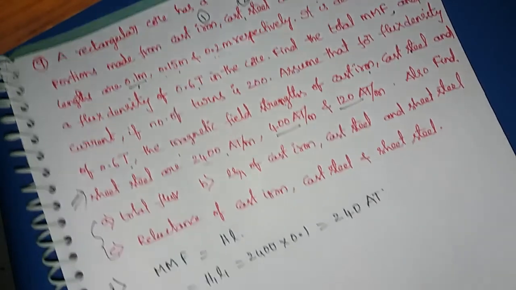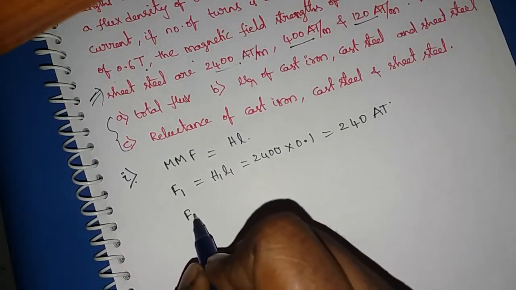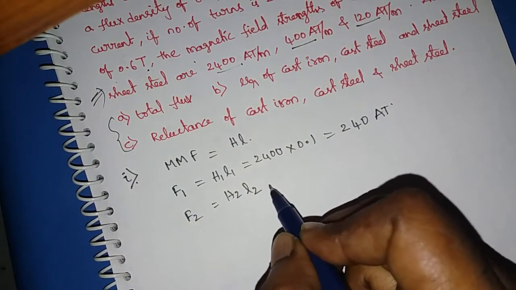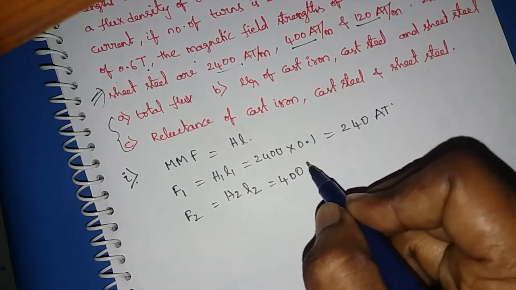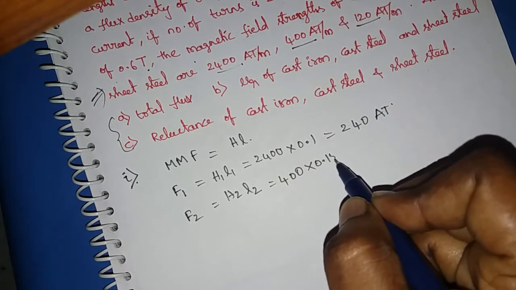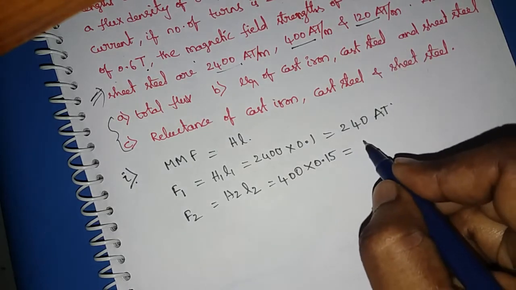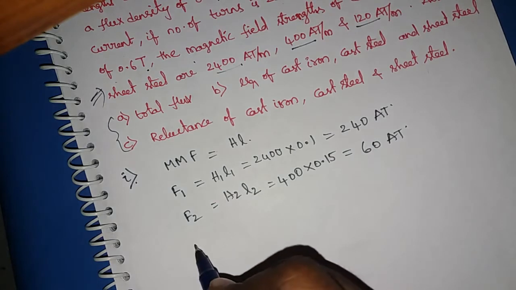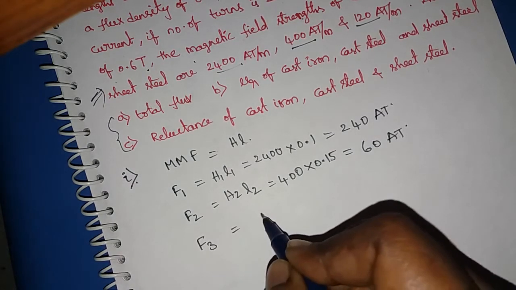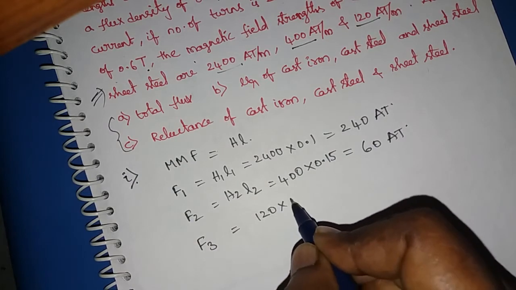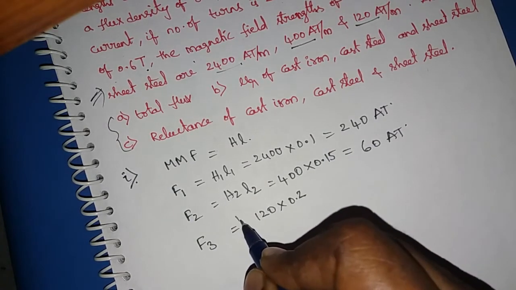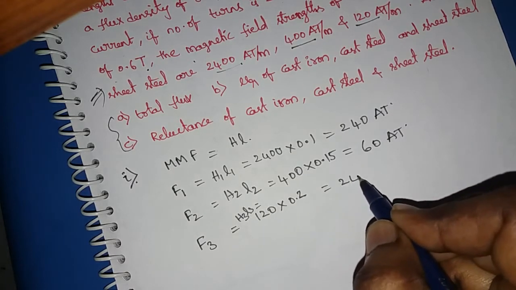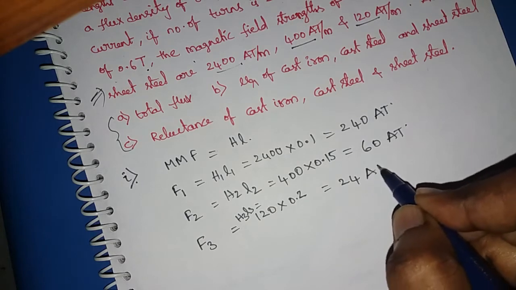Similarly, F2 is equal to H2 into L2, which is 400 into 0.15, which is 60 ampere turns. And F3 is H3 into L3, 120 into 0.2, which is 24 ampere turns.